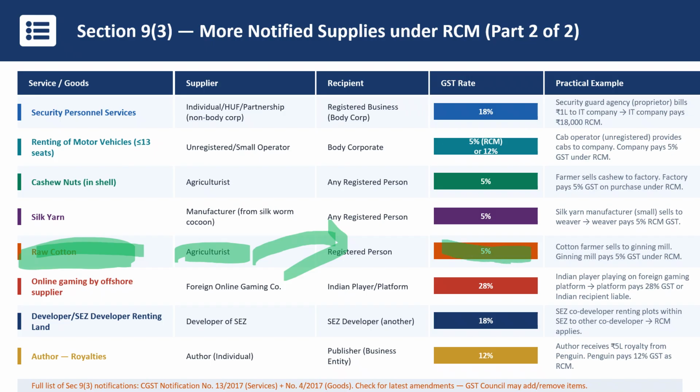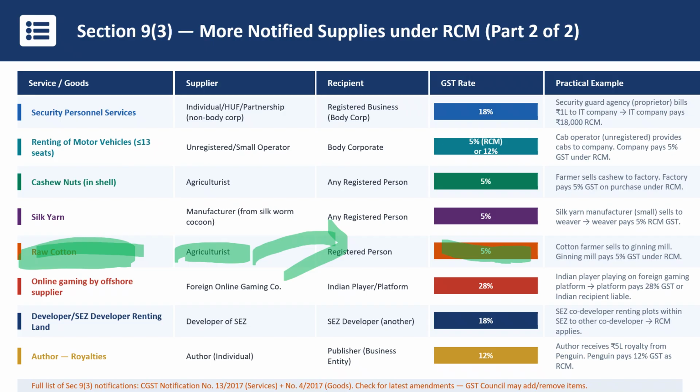And then online gaming by an offshore supplier. Offshore supplier means generally they sit in foreign countries, outside India, and provide online gaming, say Rummy or a few other online games.